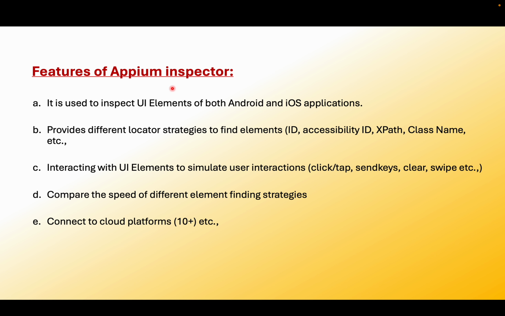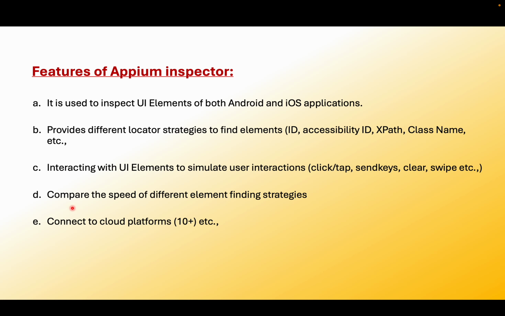But Appium Inspector can be used to inspect elements of both Android and iOS applications. This is one of the biggest advantages. It also provides different locator strategies to find the elements, be it ID, accessibility ID, XPath and class name, to name a few. And it can be used to interact with the UI elements to simulate user interactions, like click, send keys, clear and swipe.